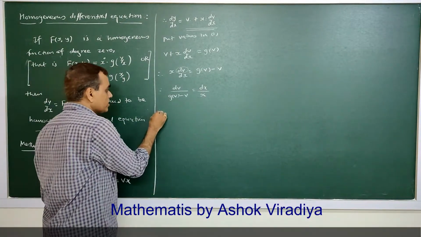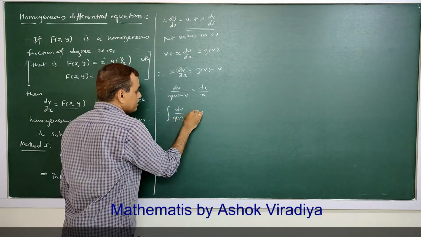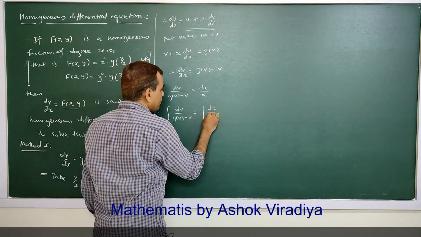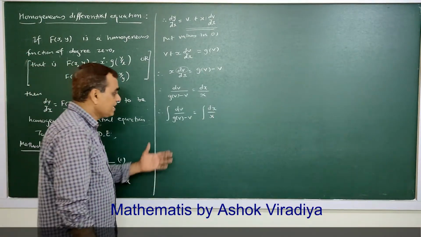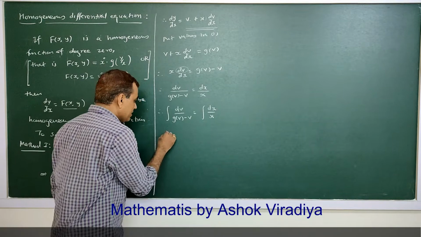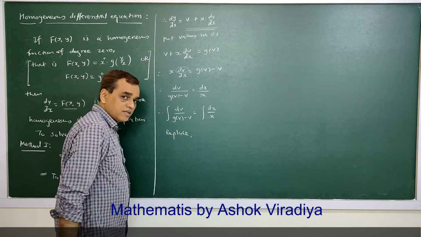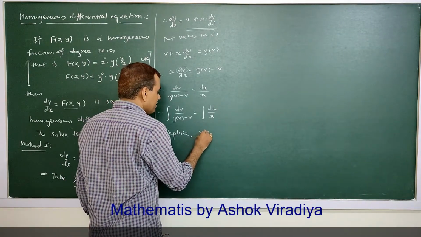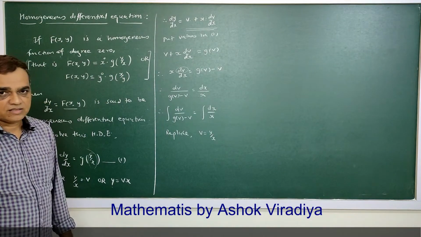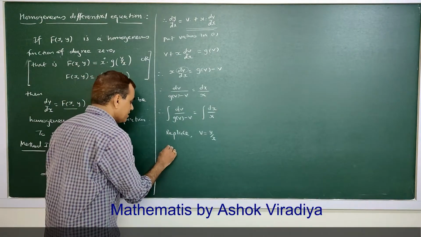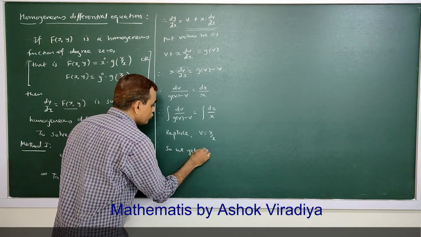Then integrating both the sides, the integral of dv upon g of v minus v is the integral of dx upon x. And after integrating, at last we replace the value of v by y by x. So we get the general solution.